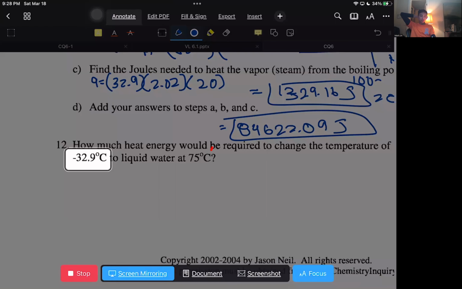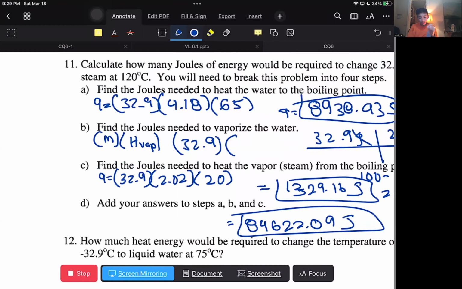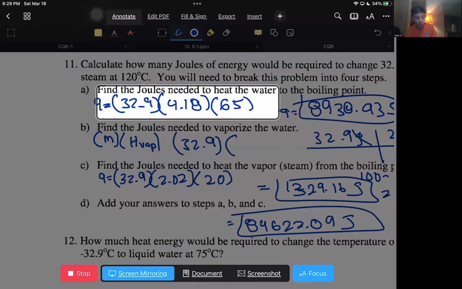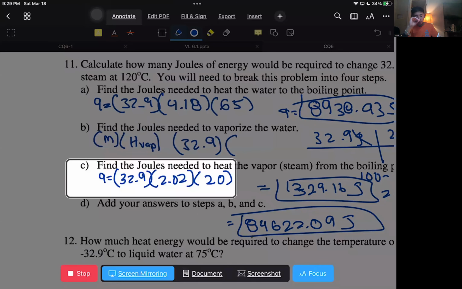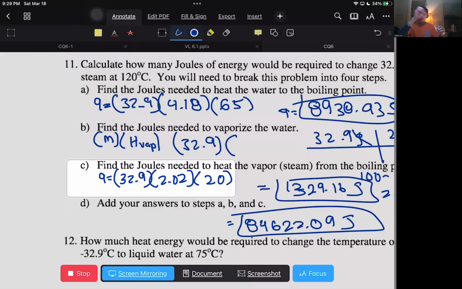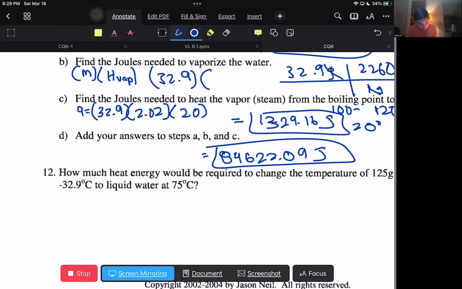So how much heat energy is required to change the temperature of 125 grams of ice from negative 32.9 degrees to 75 degrees? Notice how in 11 we went from Q equals MC delta T to mass times vaporization and back to Q equals MC delta T. So it's like you switch.